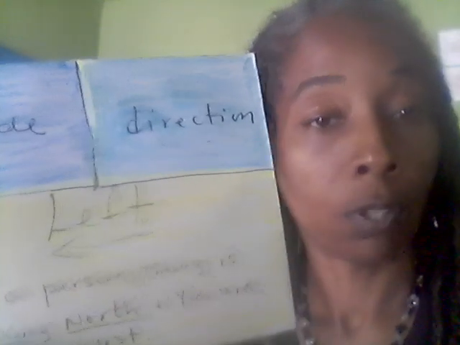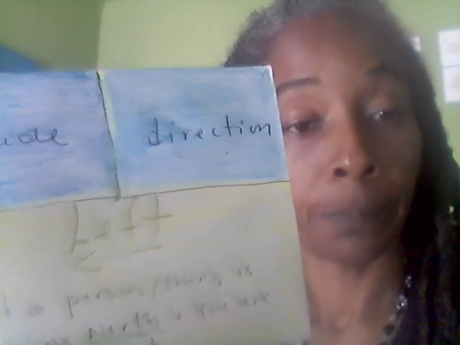And then we also have left, which is a position or a direction. All right? So if a person or thing is facing north and you are to the west side, you are on the left.